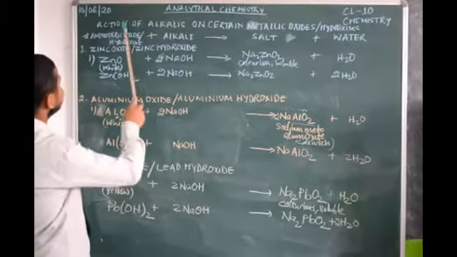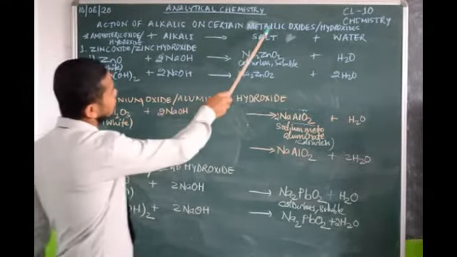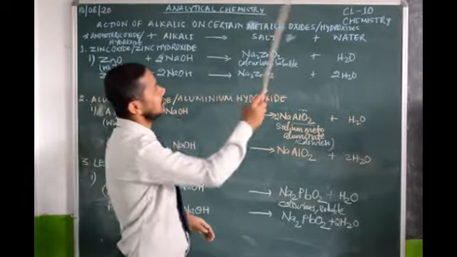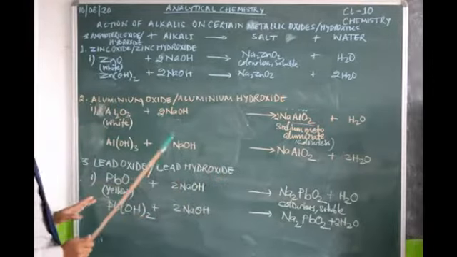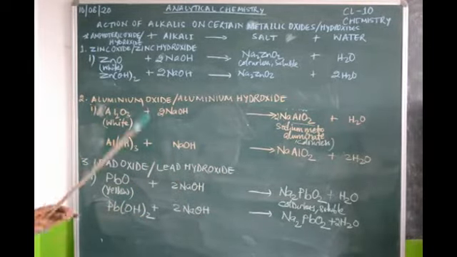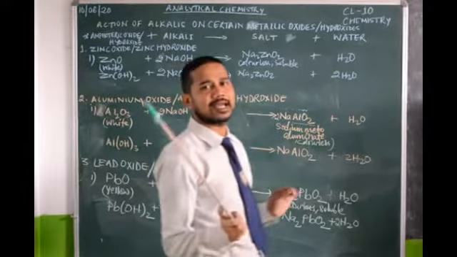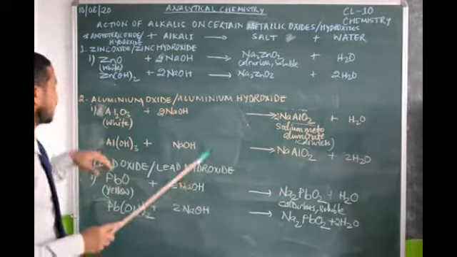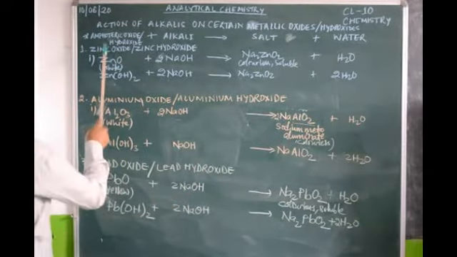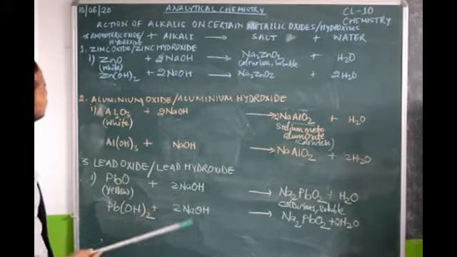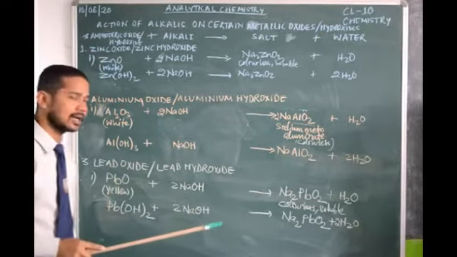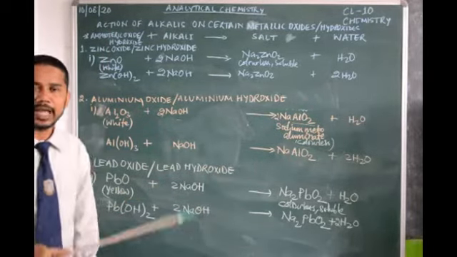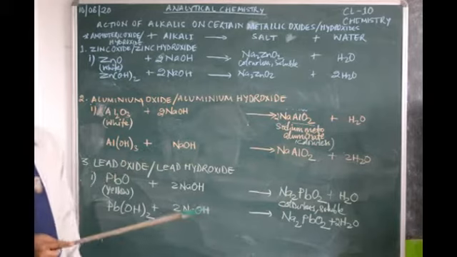We'll see the action of alkalis on certain metallic oxides or hydroxides, and these have to be amphoteric. Zinc oxide, aluminium oxide, lead oxide and their hydroxides are amphoteric in nature. They can show both acidic as well as basic character.